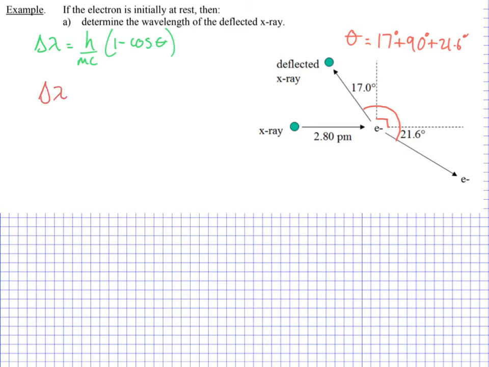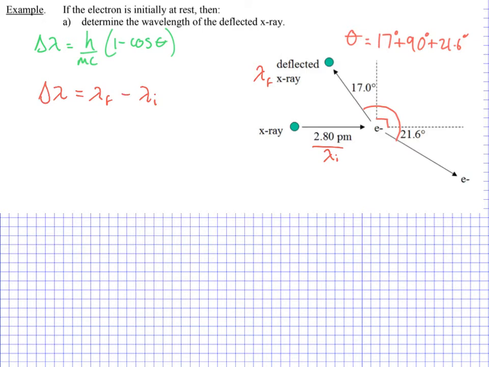It's worth mentioning that delta lambda is actually going to be equal to the final wavelength minus the initial. That's important because the photon coming in, this initial wavelength, is going to be smaller than the deflected wavelength.